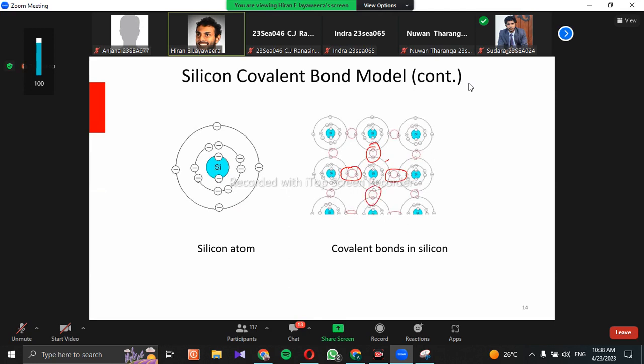So that is how they stay in the lattice, right? Now from this slide onwards, I'm going to forget about the innermost shells, because nothing happens to them. I'm only going to consider the outermost shell.